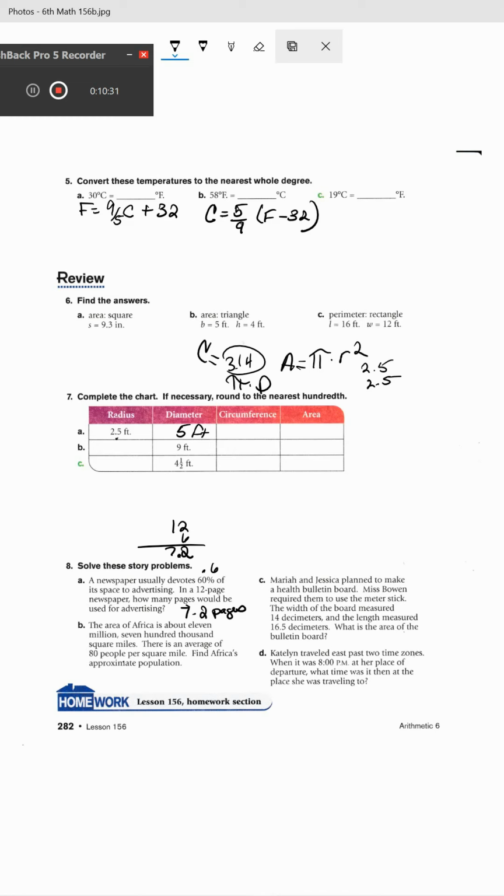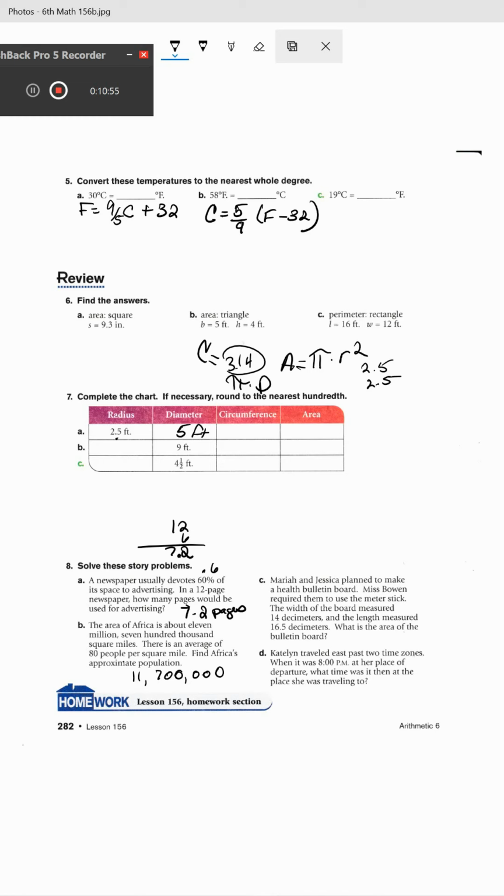It's crazy. All right, the area of Africa is about 11,700,000. I better write this. So it's 11,700,000 square miles. There is an average of 80 people per square mile.